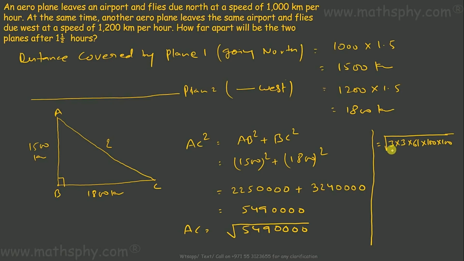Okay. These two 3's will come out as 3. These two hundreds will come out as 100. 61 stays inside. So this is 300 root 61. So the distance between this plane headed north and this plane headed west is 300 root 61 kilometers. That's the answer here. Alright.